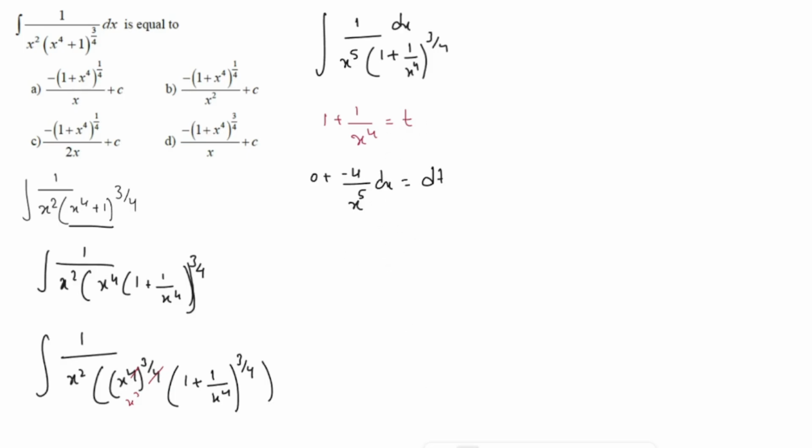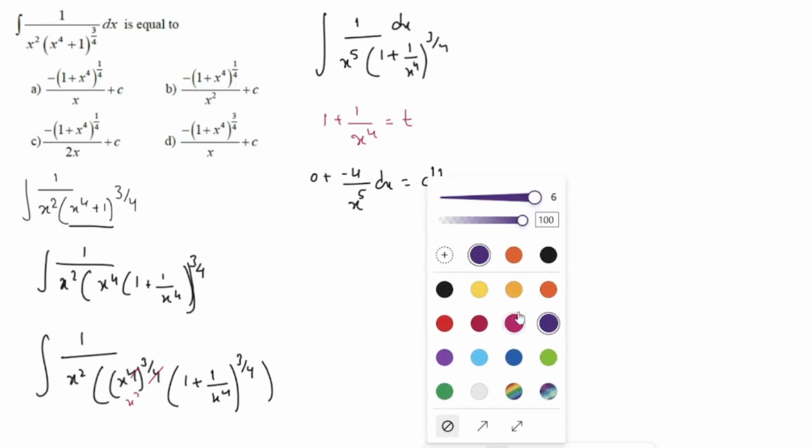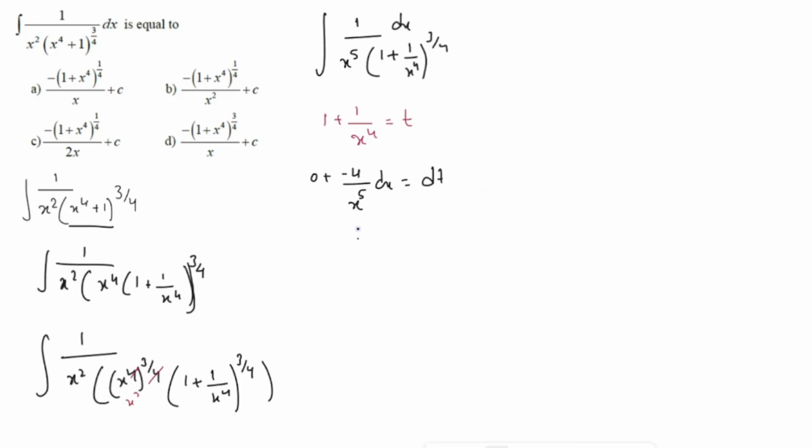Now if we adjust a little, dx by x power 5 is equal to dt by minus 4. So the new equation after substitution becomes dt by minus 4 in the numerator, whole divided by the denominator t power 3 by 4.